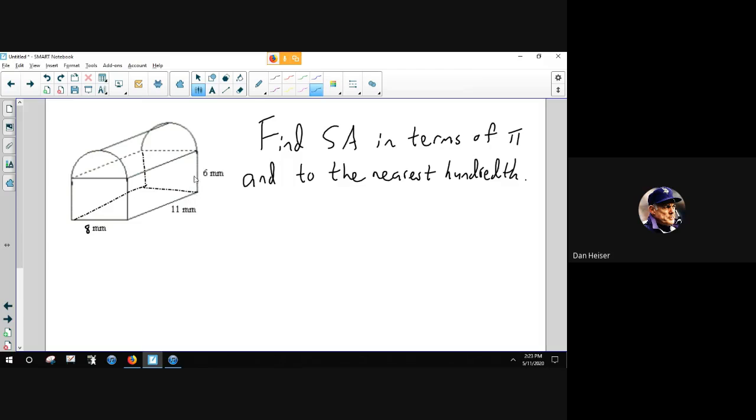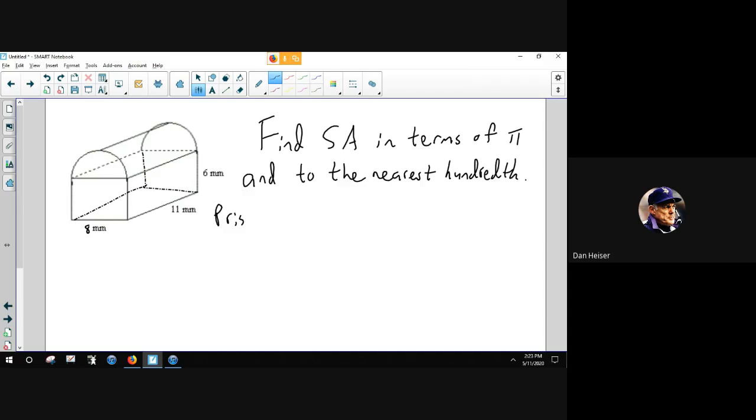And this gets covered. So we have 4 walls plus the floor that would all get covered in paint. This part of the prism does not. This would not get painted, so we do not find that area. So we find floor and 4 walls. So we'll start with that.